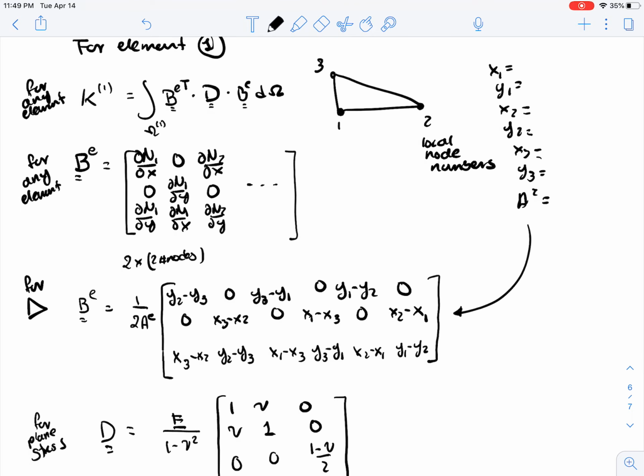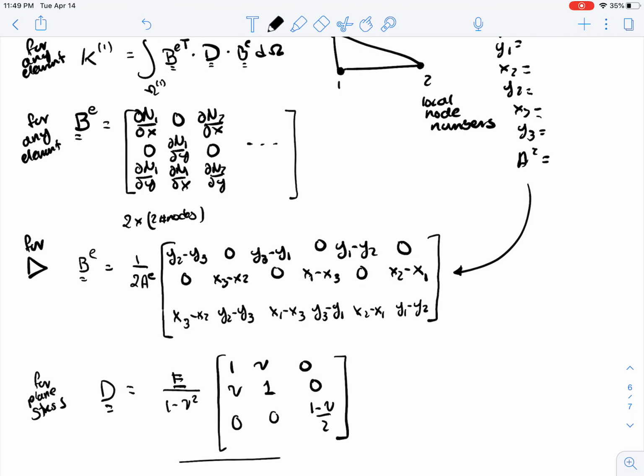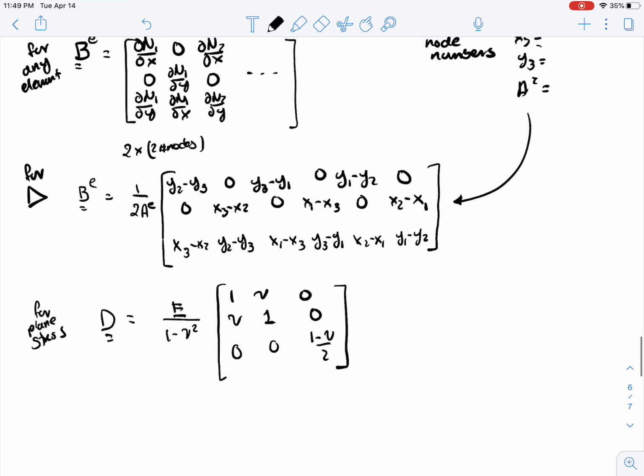So now we have the definition of the B matrix, the definition of the D. If you actually want the numbers, just get the coordinates of the nodes, plug them into the B matrix, and if you want the numbers for the D matrix, just plug in the values. And then the key point is doing the integral. But because these are all constant, you don't really need to do the integral.